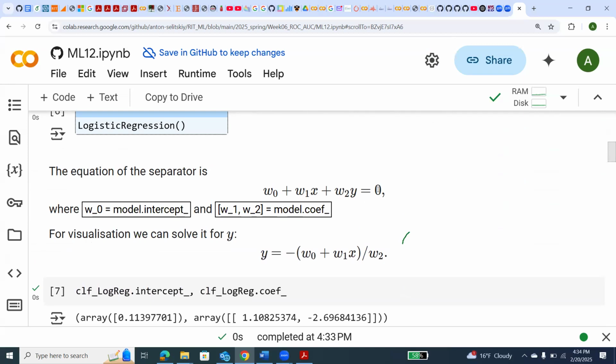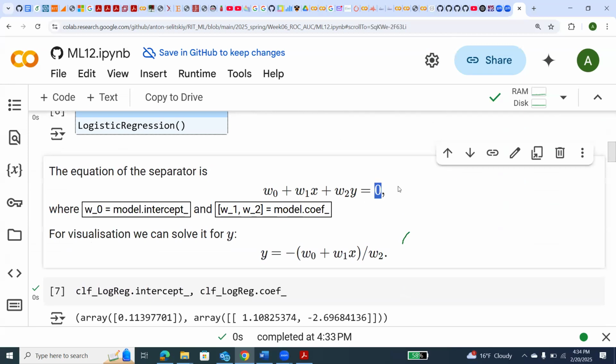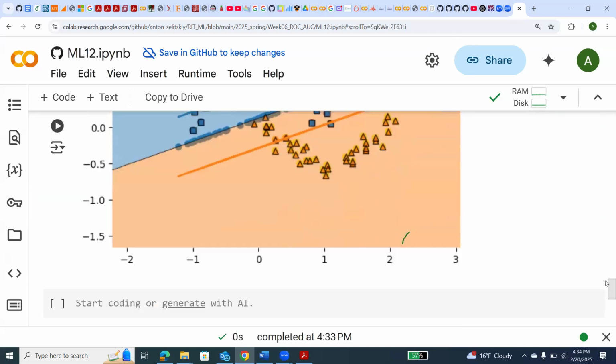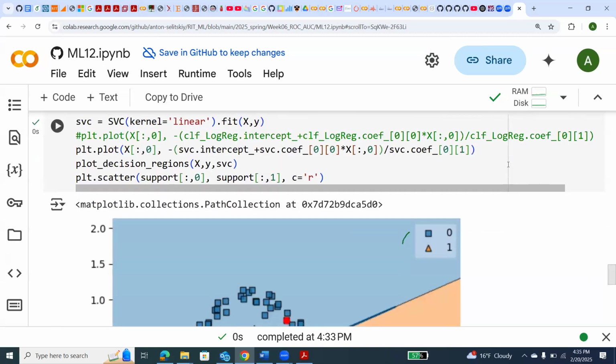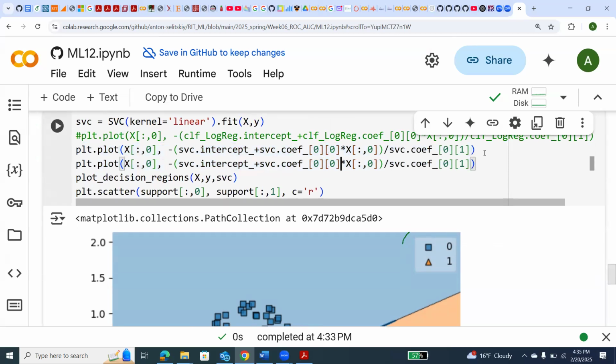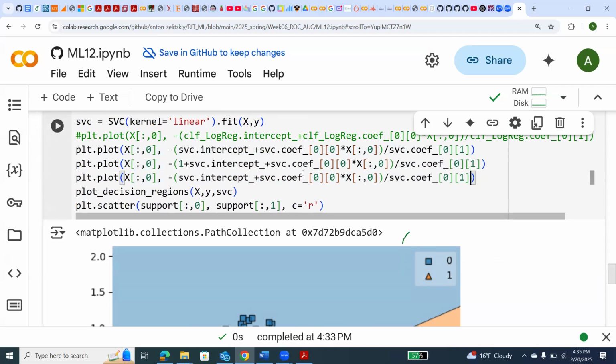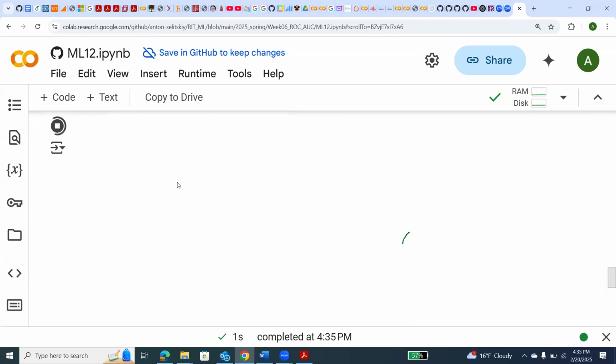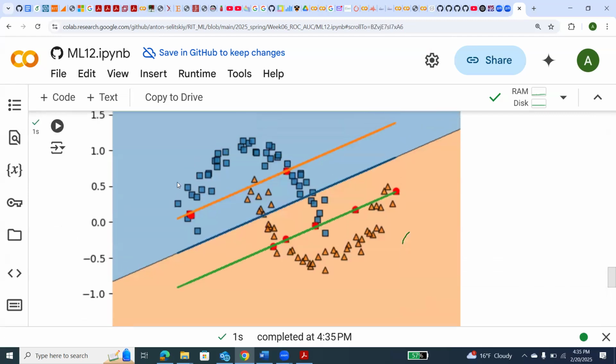Does it make sense? If here is 1, we just put this one to the left and it will be W0 minus 1. So I will just copy this line and add 1 to my intercept and -1. And voila, we have these lines that go through the support vectors.